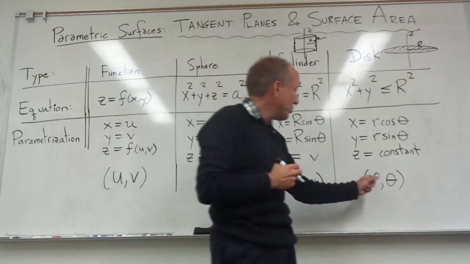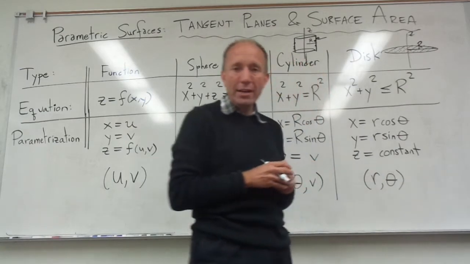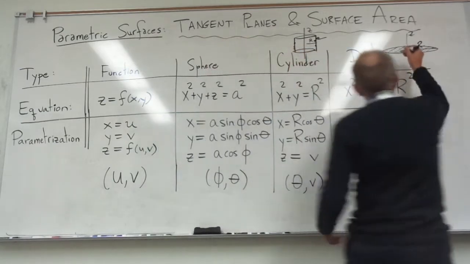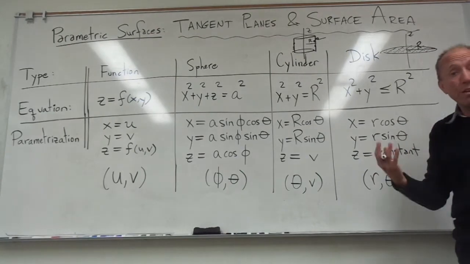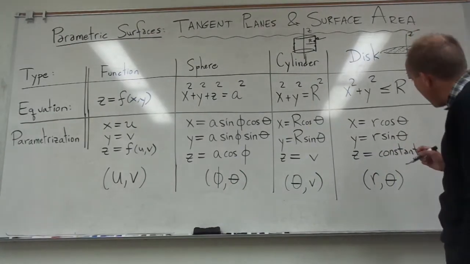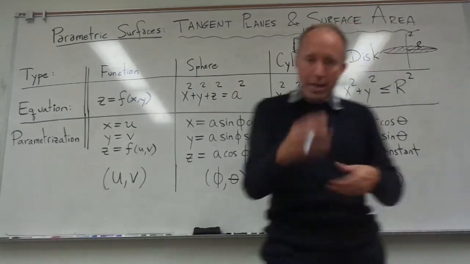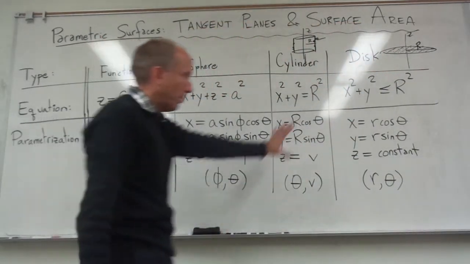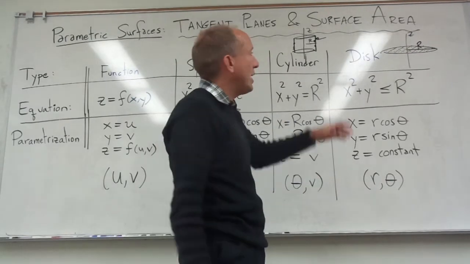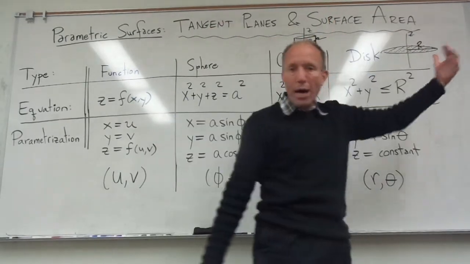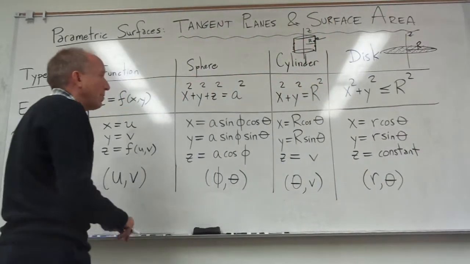Okay, so my parameters here are going to be r and theta. Again, I could choose to reorient this disk along a different axis. And if I did that, the roles of these three equations would have to be modified. They would have to trade roles a little bit to describe a disk that's, say, going along the x-axis or the y-axis. But that's something that we can also do.